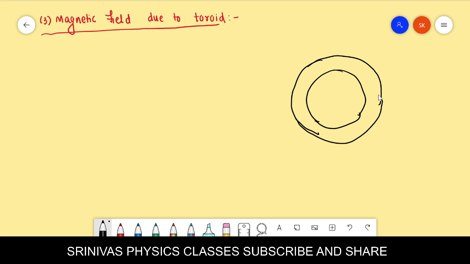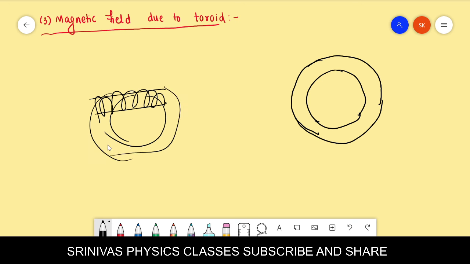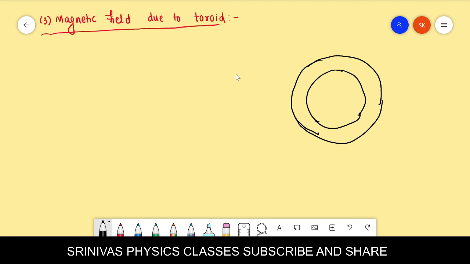Okay, it was a solenoid. Toroid is nothing but, this is a solenoid, you bend this one like a circle, then it will become a toroid. Toroid also is used to produce the magnetic field. How can it produce the magnetic field? Let us draw its field lines.